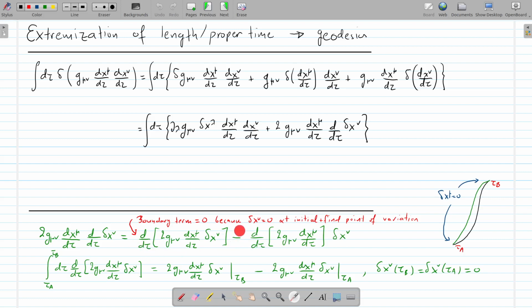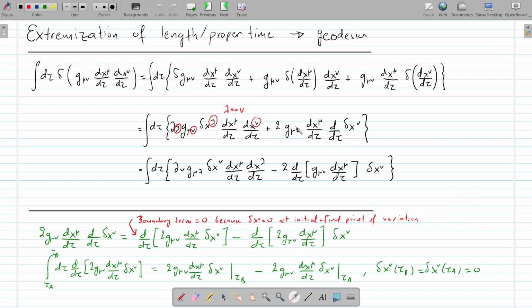Now, this is a boundary term because it is a total derivative, and it is just given by those two terms. But because we choose variations that leave the endpoints of those curves fixed, delta x is equal to 0 at the two endpoints. So those two terms here vanish, and we can ignore this term altogether.